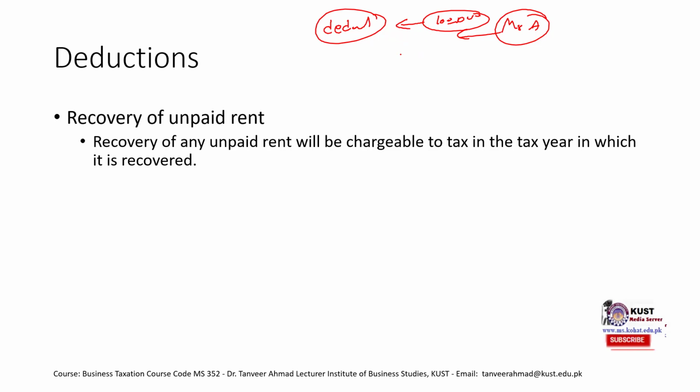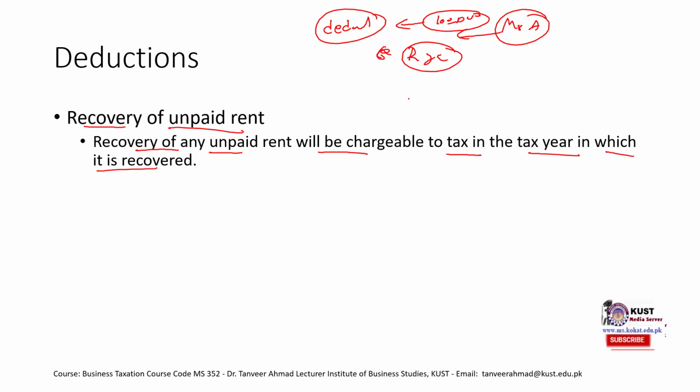But let's just say down the road, after 6 months, or after 2 years, Mr. A somehow paid the rent back to the company. So the company recovered the unpaid rent. Recovery of any unpaid rent will be chargeable to tax in the tax year in which it is recovered.